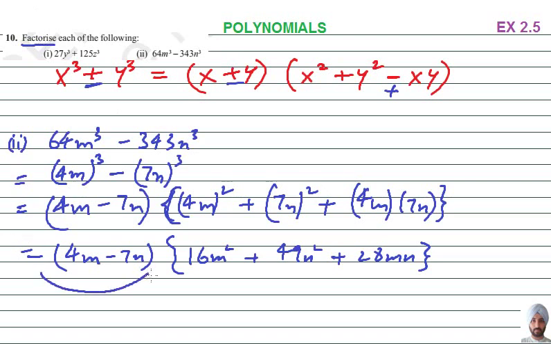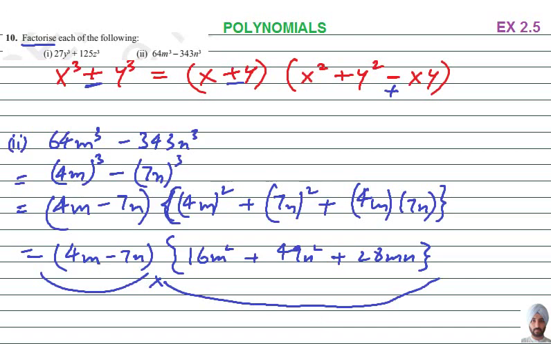Factorize means something multiplied by something. So we have already factorized this question. It may look like quite a lengthy term, but we have no other option. x cube minus y cube is (x minus y)(x square plus y square plus xy). That's it.